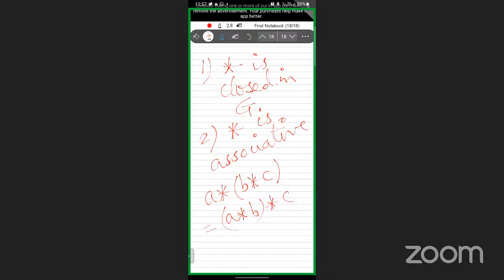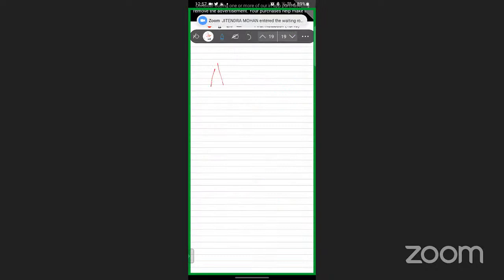For example, let me take an example simultaneously. Take addition.